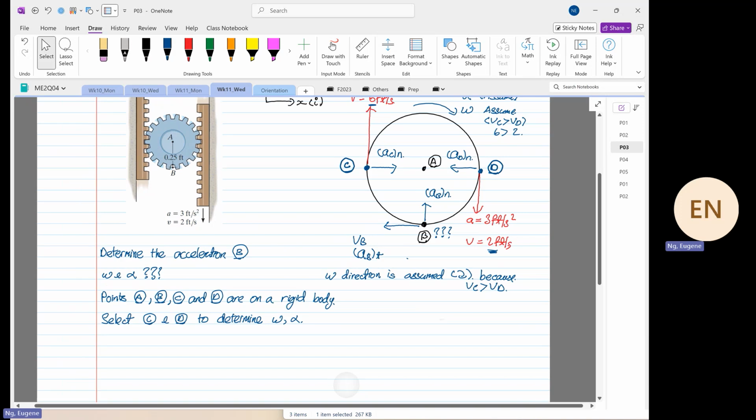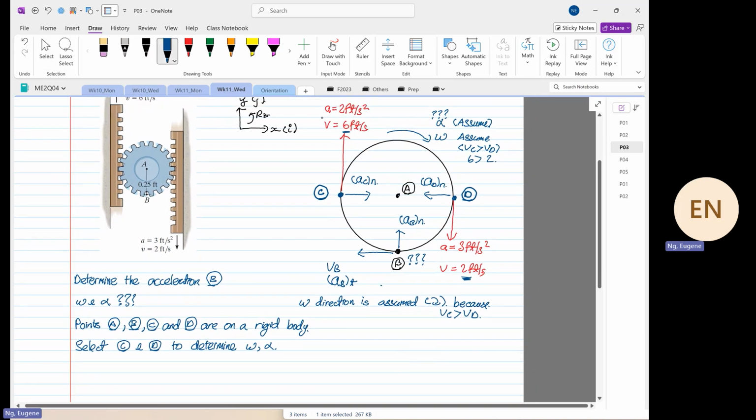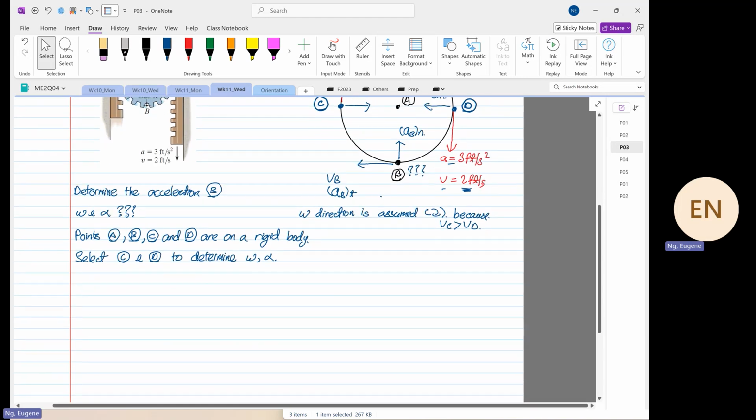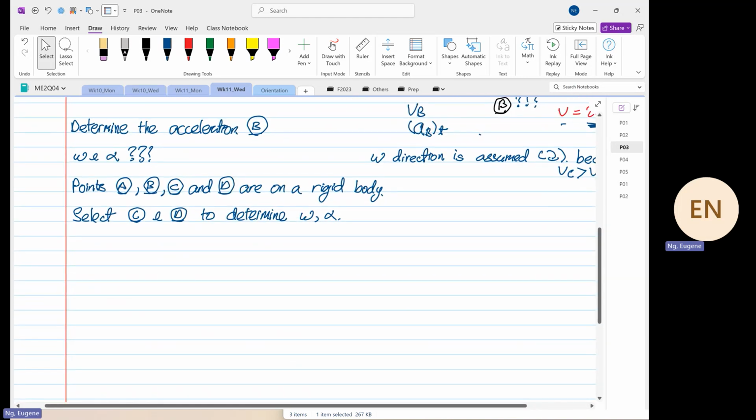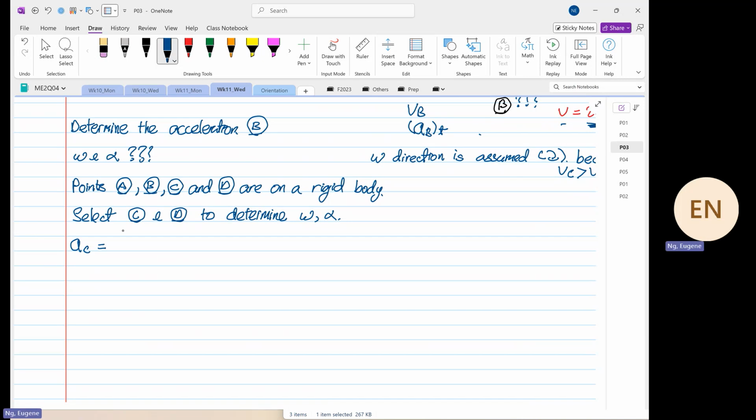Because we are given the acceleration and velocities. So what we try to do now is acceleration at point C is equal to acceleration at point D plus alpha cross R C from point D minus omega squared R C from point D.